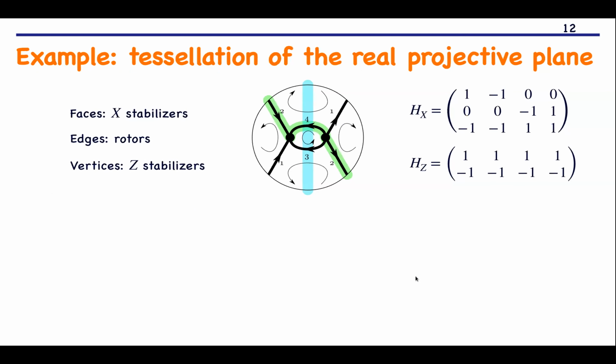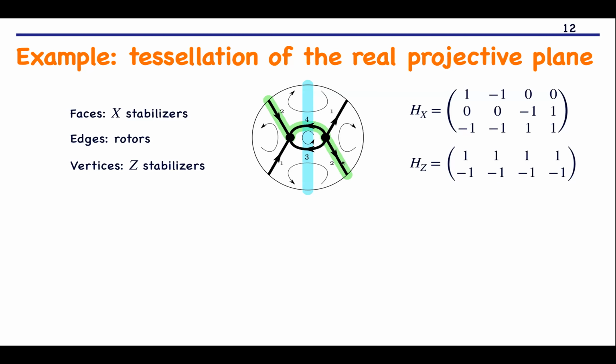All right, let's look at an example. As some of you know, we can construct qubit or qudit homological codes, starting from tessellations of surfaces. And the same is valid here. So for instance, here I take a tessellation of the projective plane, where we just have to identify opposite edges in this case.